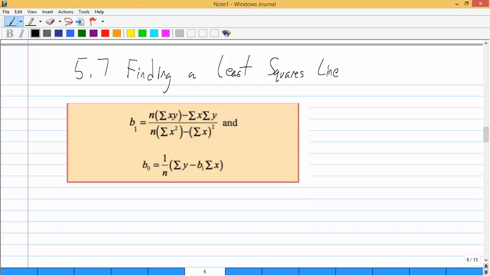Okay, so it is doable with small data sets, but you could see as data sets got pretty large how cumbersome that actual calculation could be. Now, again, technology will do it for you.